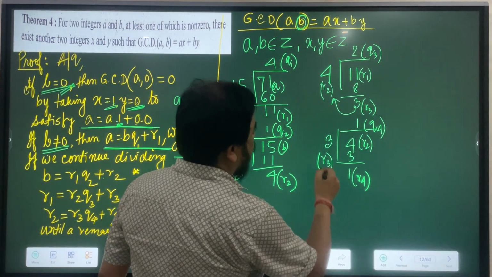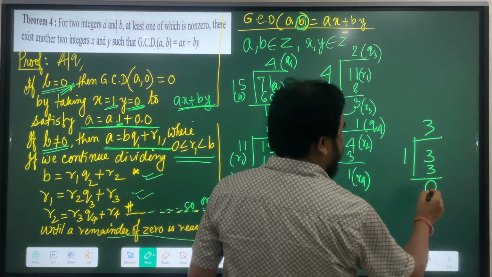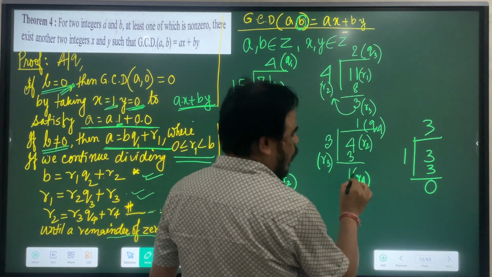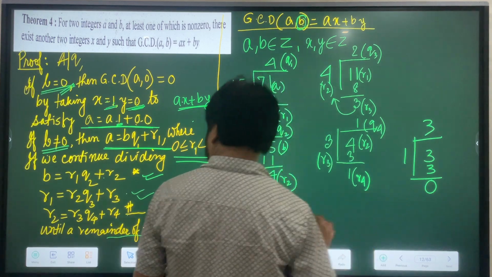Okay. Now let us divide 3 by 1. 1 3 is 3. This is 0 remainder. This is a non-zero remainder. This is a non-zero remainder. This is 0 remainder.